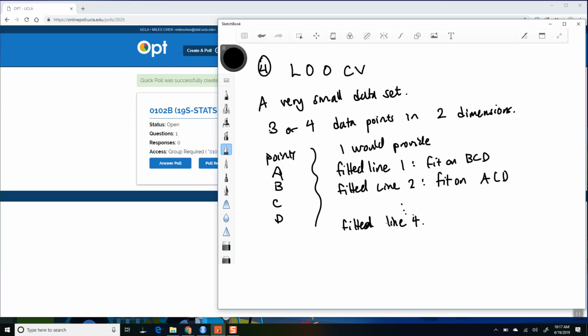And then I guess you would have to find the cross-validation error. I think that's reasonable, but I'll have to see what it looks like when I write out a problem like this.